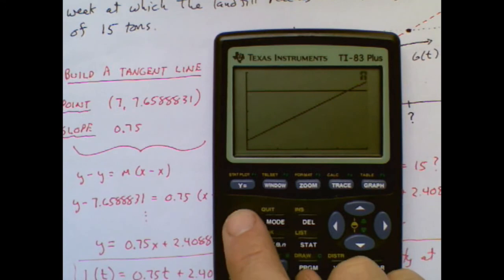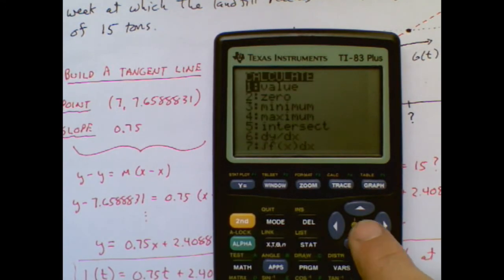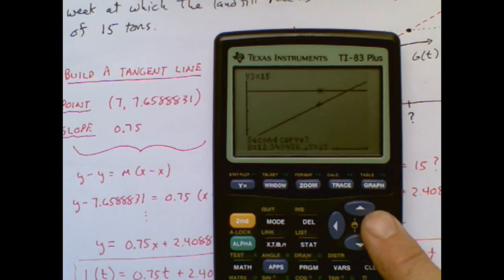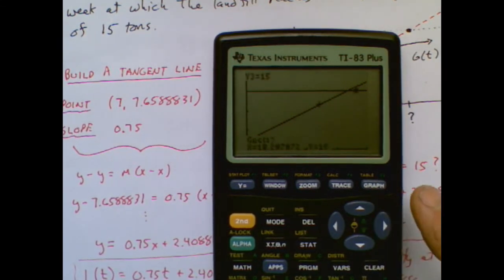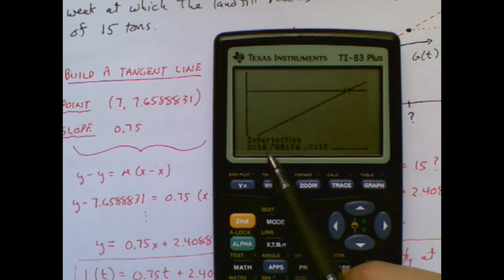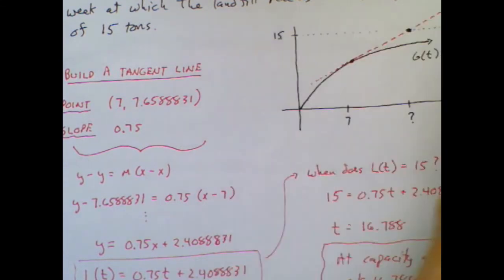And so I would go second, calc, and then I would choose the old intersect. And now I can go ahead and figure it out. First curve, second curve. And I end up with this little number down here that you can maybe or maybe not recognize, 16 point something.